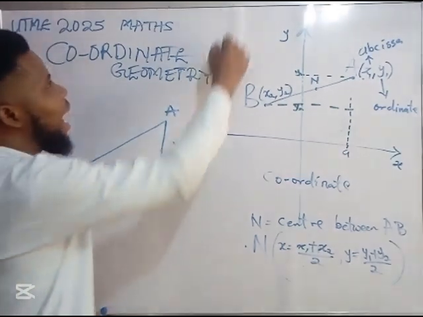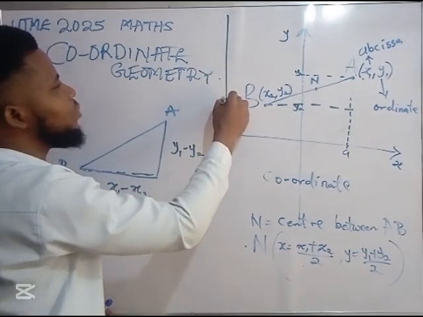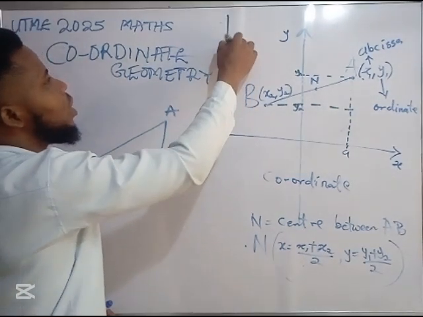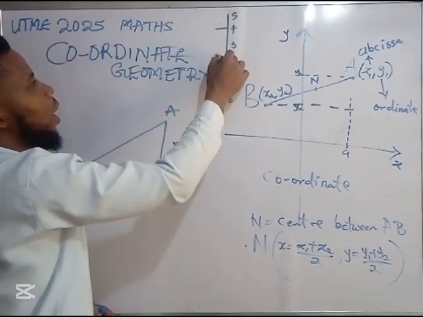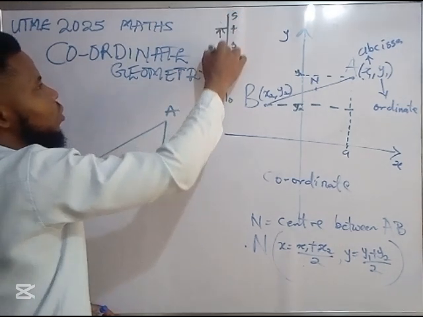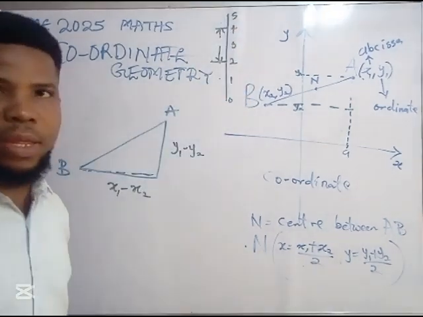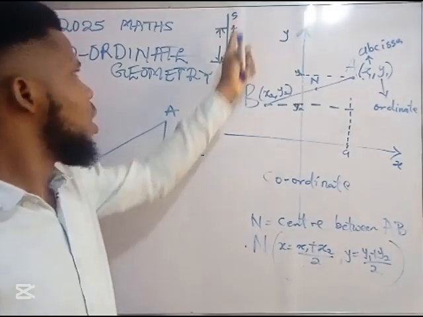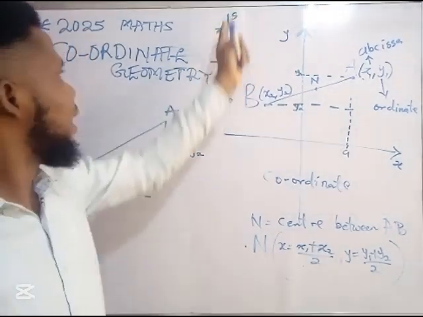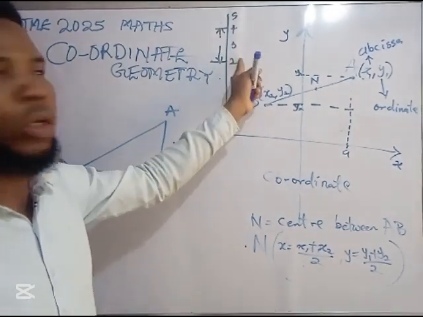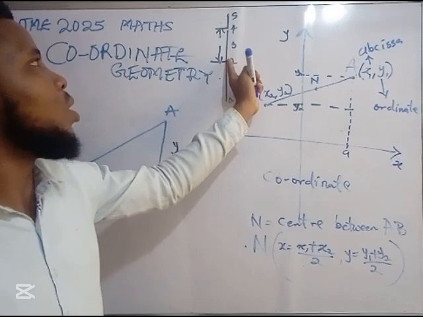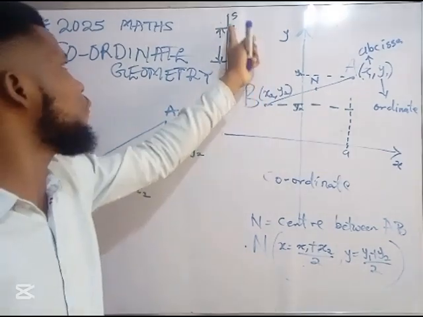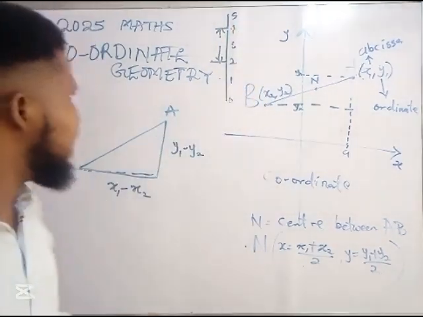Like for instance, if I have 0, 1, 2, 3, 4, 5, and I'm looking for from 2 to 4, how do I get from 2 to 4? You count 1, 2, right? Or you say 4 minus 2. Is that not so? Yes, that's what I'm doing now.